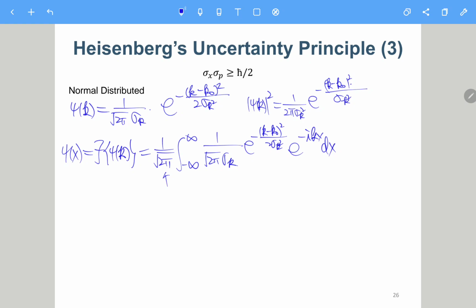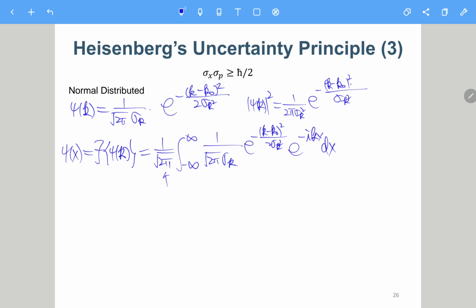Different textbooks have different definitions for the Fourier transform. Sometimes they put 1 over square root of 2 pi for both the Fourier transform and the inverse Fourier transform. But for the signal and systems textbook, you use 1 for the forward Fourier transform, and for the inverse Fourier transform you have a 1 over 2 pi.